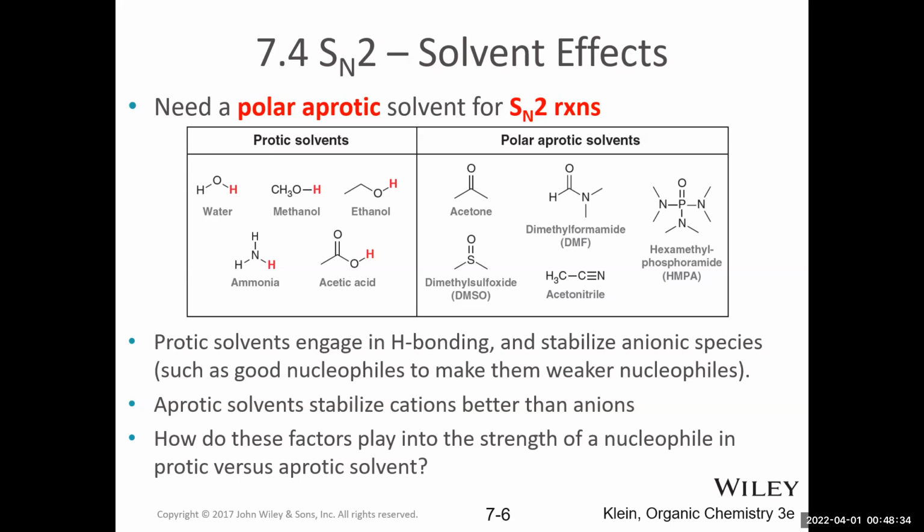And in another case, that doesn't happen, right? So the reason why polar aprotic solvents are ideal for SN2 reactions is because they stabilize cations better than anions. And because they're not stabilizing the anions, those anions are more reactive and the activation energy is lower for those reactions. We'll see what that looks like coming up on some different slides and the reason why.